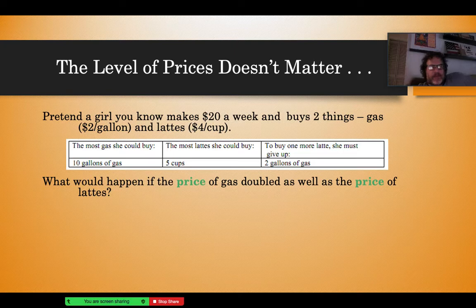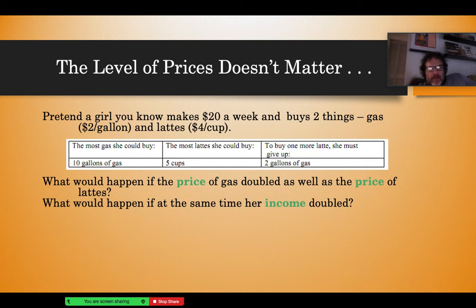What happens if the price of gas doubled and the price of lattes doubled? She's not going to be able to buy as much as she could, right? She's making the same amount of money, but the economy that she lives in is experiencing inflation. What happens, though, if her income doubled as well?